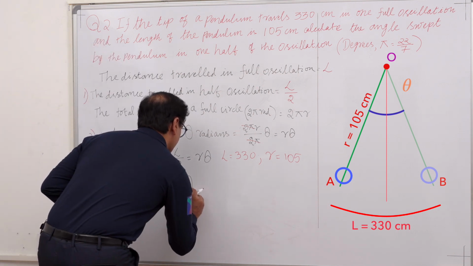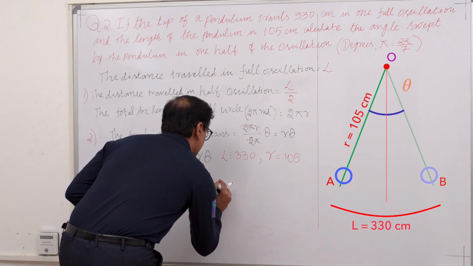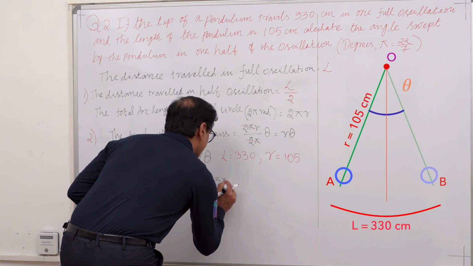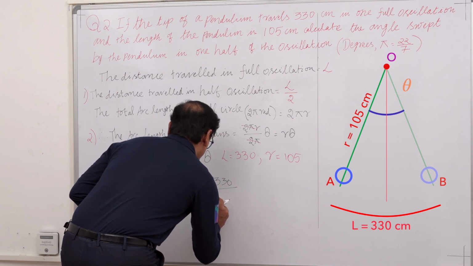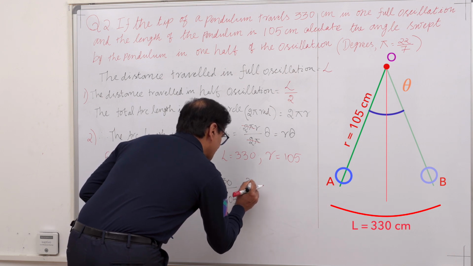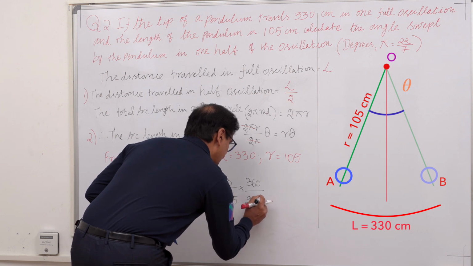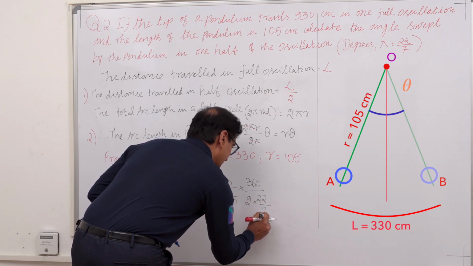Therefore, theta in degrees equals 330 divided by 2 into 105, multiplied by 360 divided by 2 multiplied by 22 divided by 7.